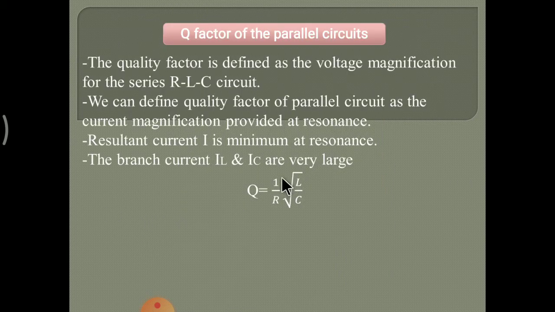So Q is equal to 1 upon R under root L upon C. We get this final formula of the quality factor Q. Likewise, we can derive this formula.